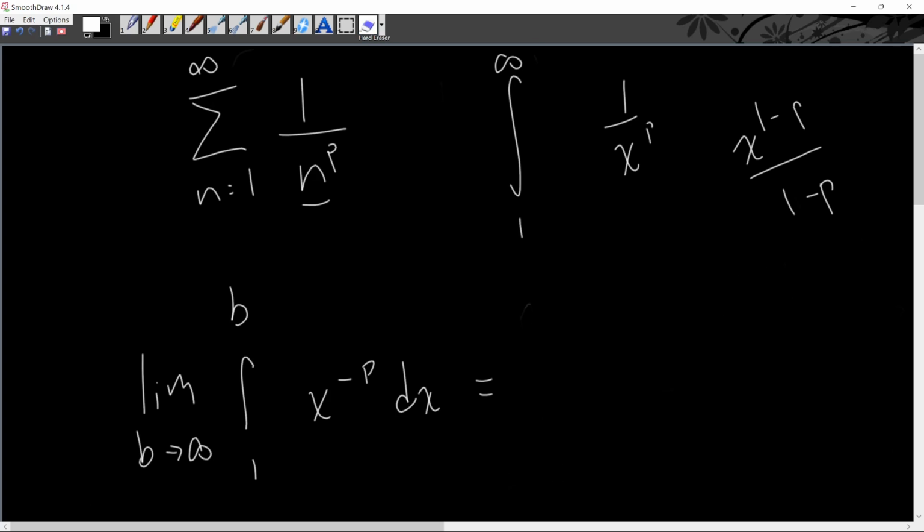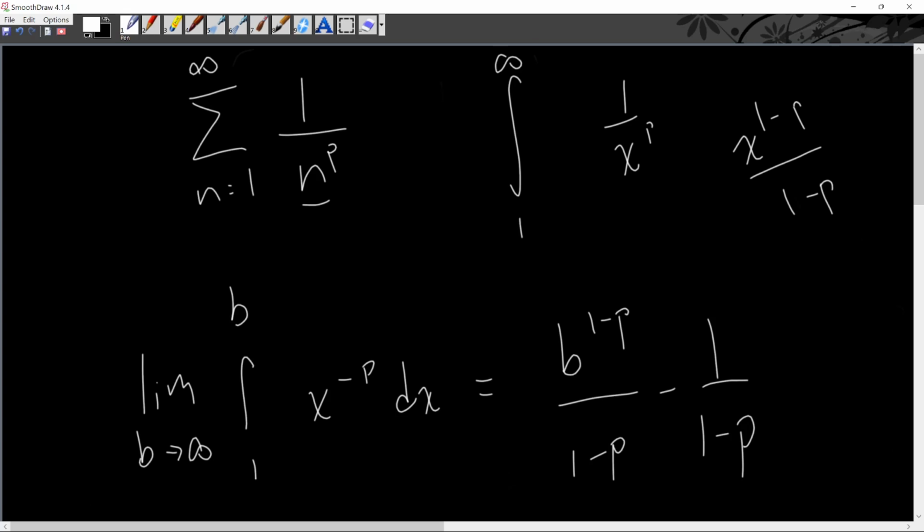Again, if p is equal to 1, we're going to get a harmonic series, which we've established in two different ways will get us a divergent sum. So we have b to the 1 minus p over 1 minus p minus 1 to the 1 minus p. I'm going to leave this as just 1 because 1 to the power of anything is 1. So 1 over 1 minus p, right?